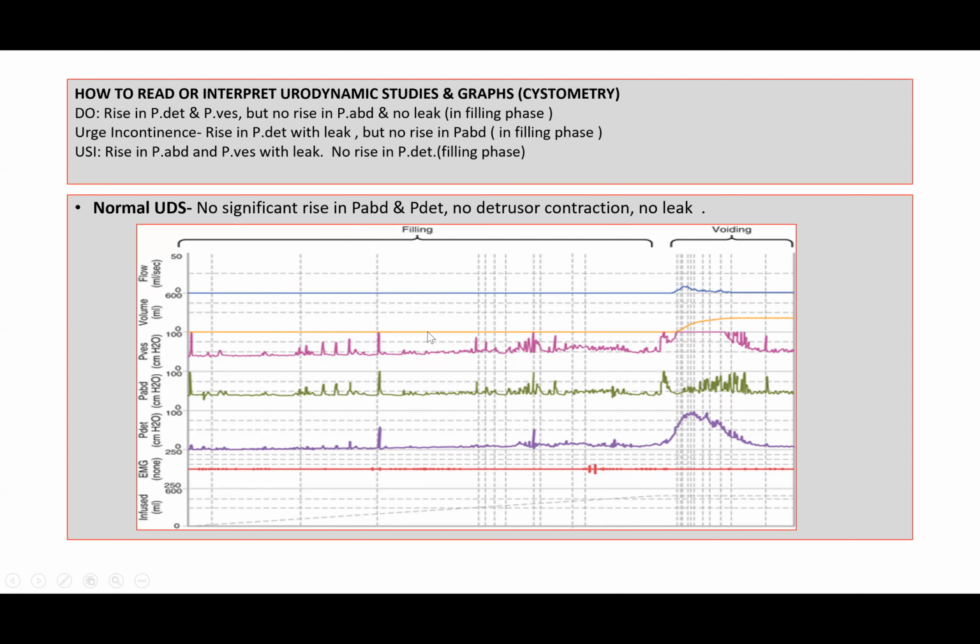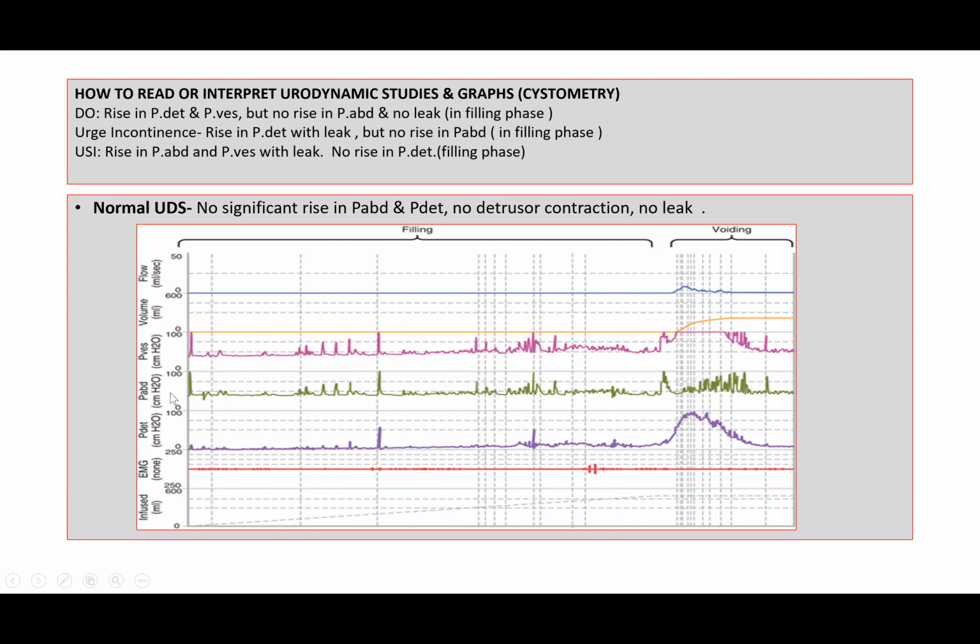So let's have a look at this graph. This is the cystometry, so we have to check for the calibration. It is at 0. We have to see the filling phase and the voiding phase. In the filling phase, this pink line is the vesical pressure, the bladder pressure. When the bladder is filled with saline, of course there is going to be some rise in the pressure, but not so significant.